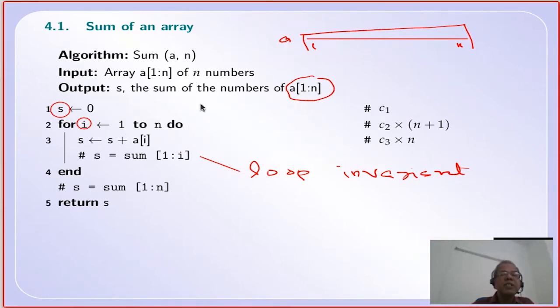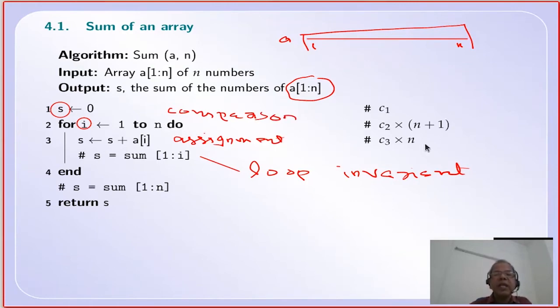Therefore, one assignment and one comparison, these two are the basic operations. The comparison is executed N plus 1 times. The assignment is executed N times. The comparison takes time C2, the assignment takes time C3. Therefore, what is the total amount of time taken?